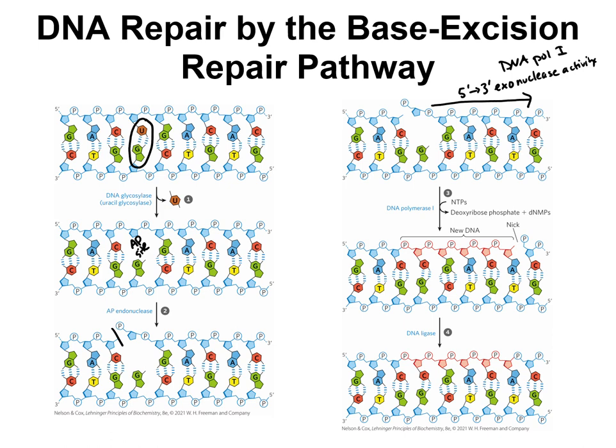So it's going to chew it up, and then as it's chewing it up and moving along this piece, it's also going to synthesize a new piece to fill in and fix the abasic site.